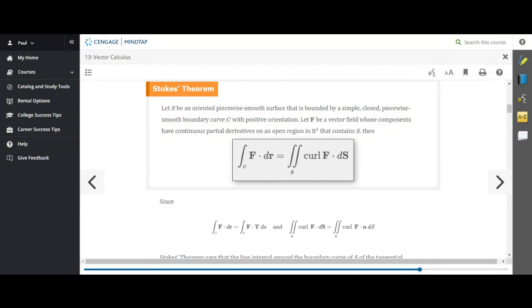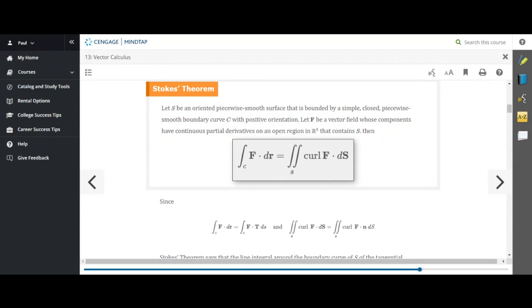The work can be expressed as a flux integral. You see that the d sub S, the S is in bold. That means you have a flux integral where the vector field is the curl of your vector field. An absolutely amazing theorem.